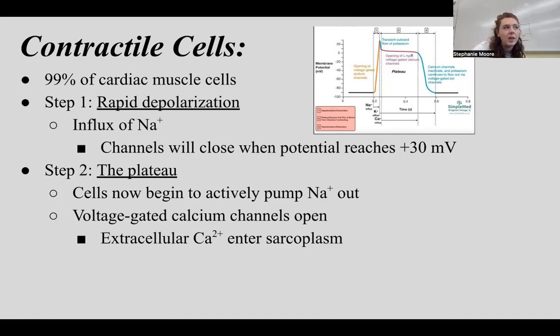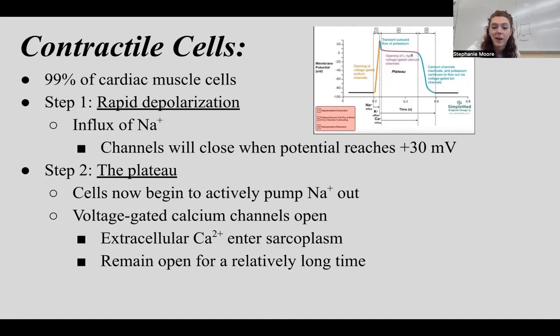So that extracellular calcium enters the sarcoplasm. Sarcoplasm is the cytoplasm, that gel-like stuff inside the cell, which is where half of cellular respiration happens, if anybody thinks back to our biology and chemistry chapters.